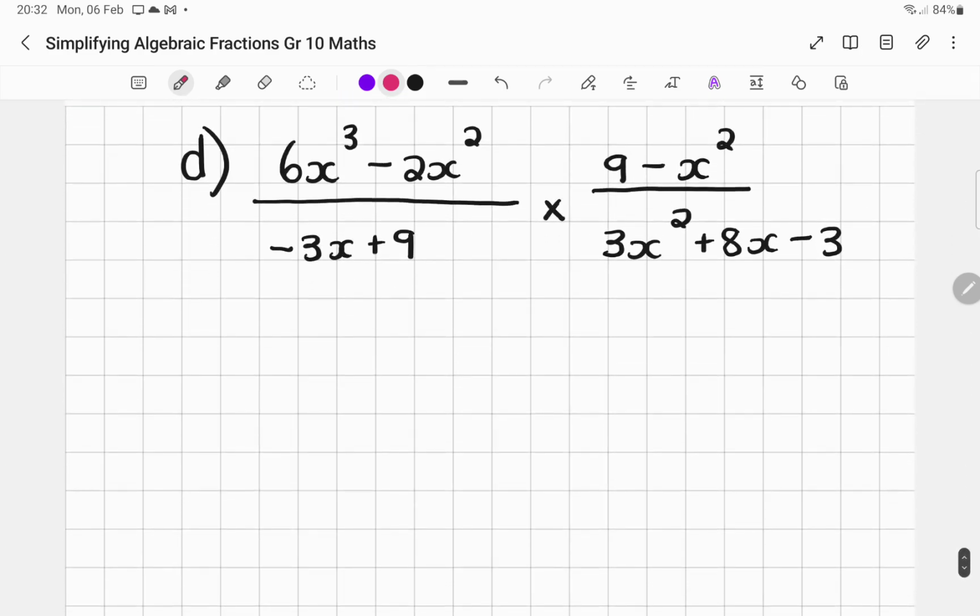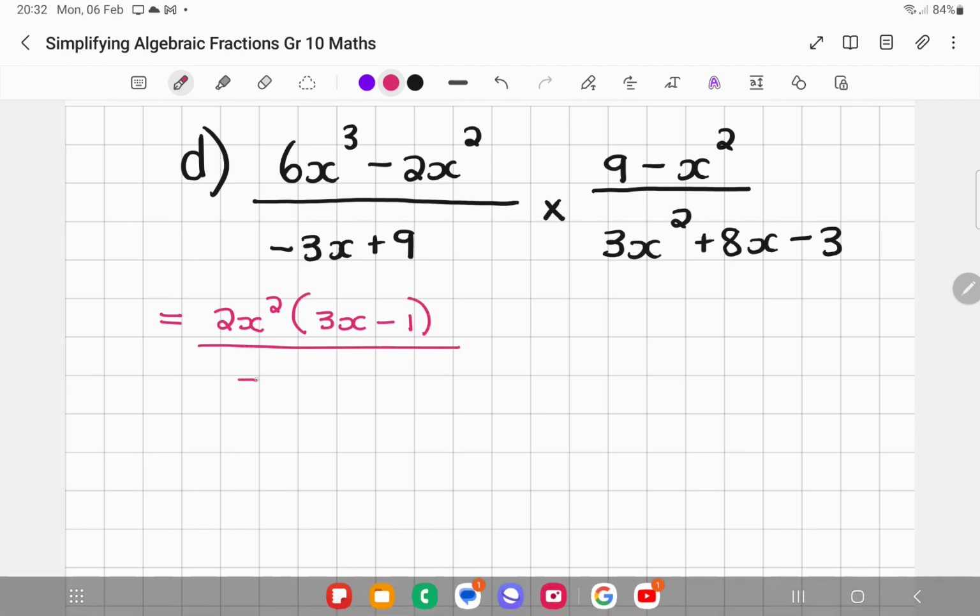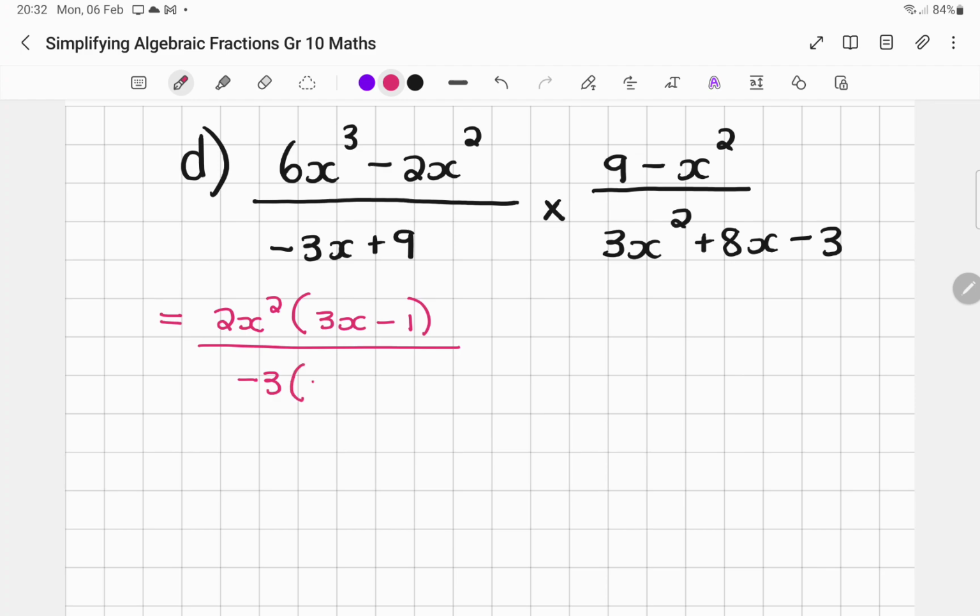All righty, now first things first, we're going to factorize where we can. At the top, I'm going to take out a 2x squared. What is left? 3x minus 1, all over, if I take out a negative 3, what is left? x minus 3.